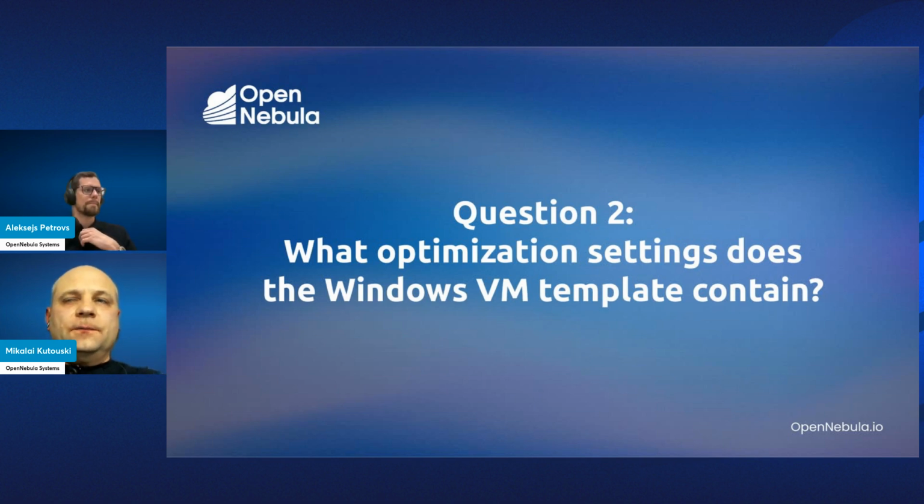Apart from the CPU model, which we recommend to set to host-passthrough, it also contains settings like the input device. It has a tablet as an input device, which sufficiently improves your user experience when you're dealing with the mouse cursor.